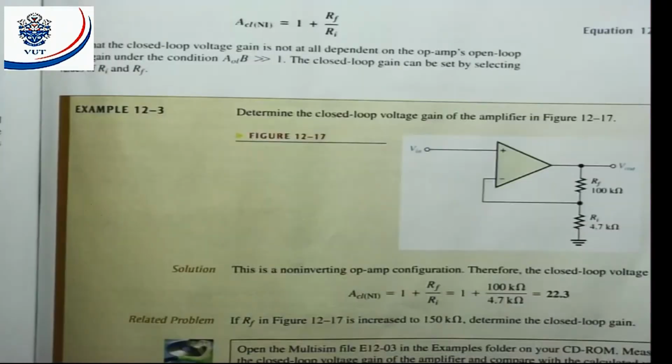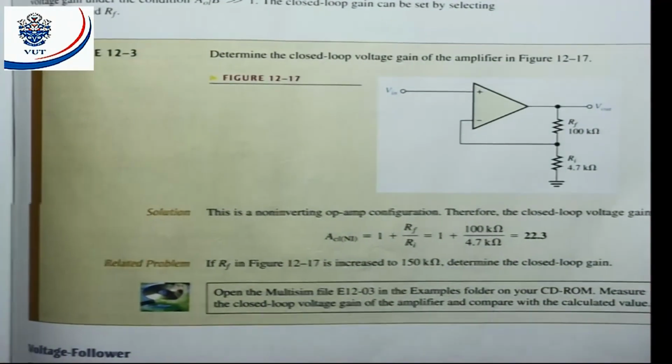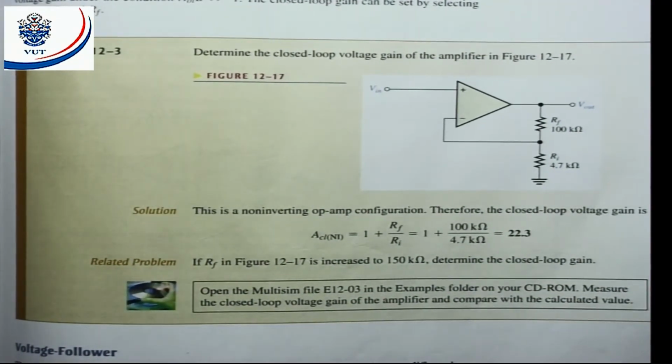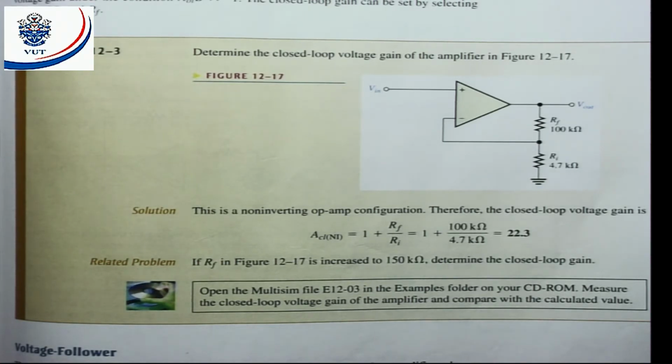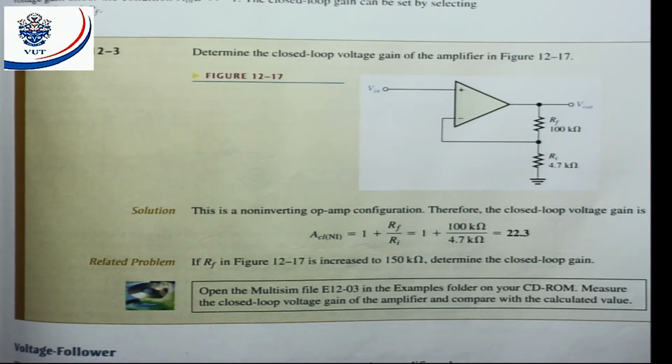Let's have a look at the example. The example states, determine the closed loop voltage gain of the amplifier in figure 12.17. They give us Rf 100K, Rin is equal to 4.7 kilo ohm. And we use the formula.